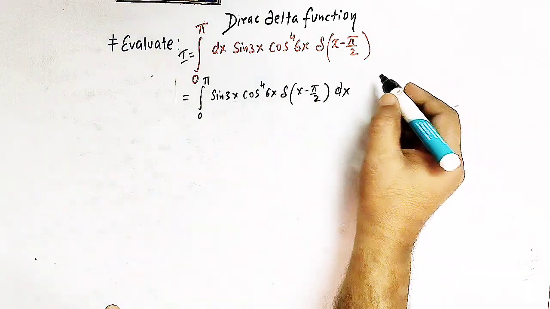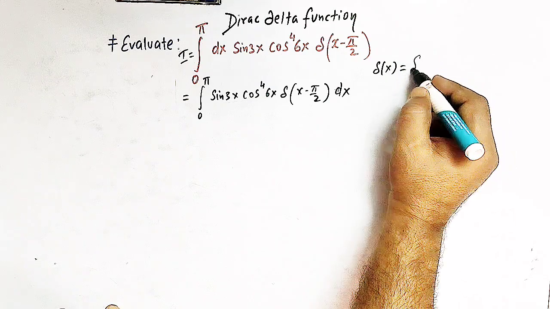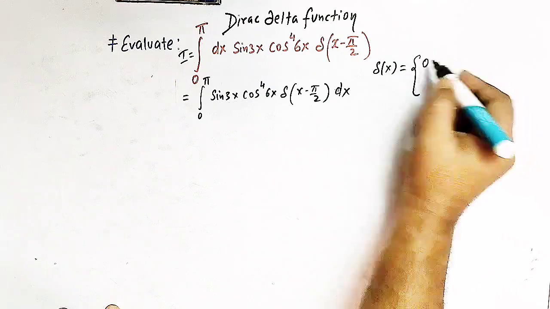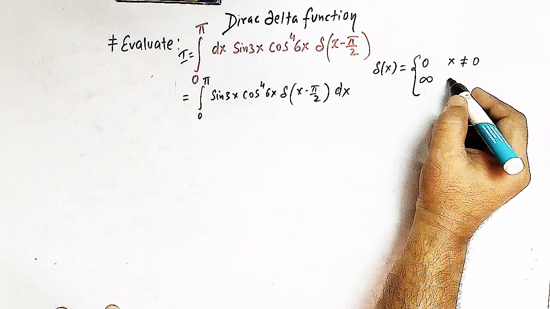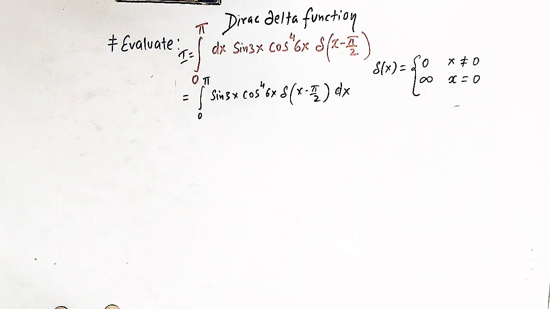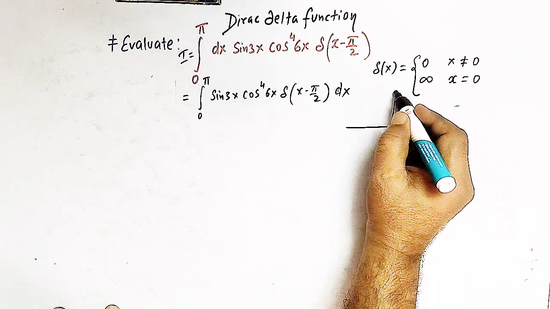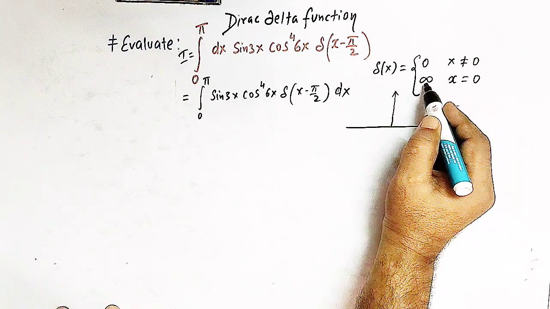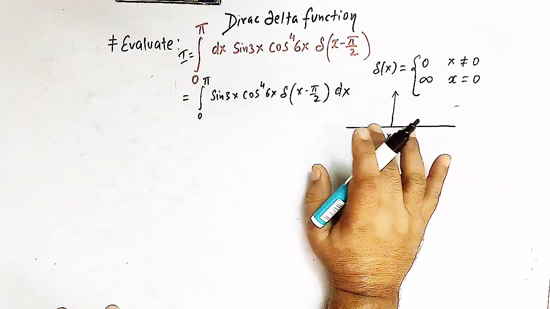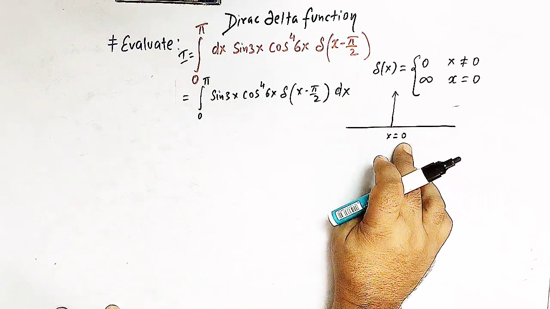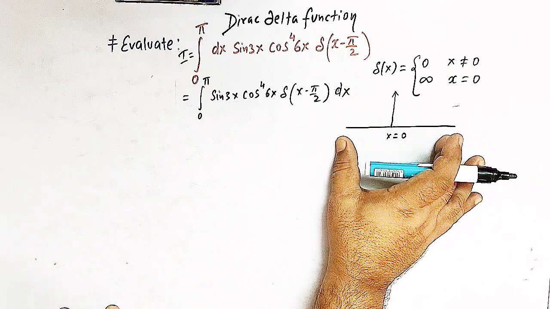Now see, we define the delta function as delta of x is equal to 0 for x not equal to 0 and infinity for x equal to 0. So we know that the delta function is infinite at x equal to 0, and for all other points except x equal to 0, the delta function is 0, right?